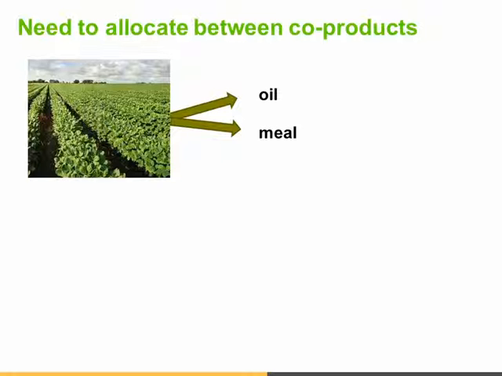So here, for example, with soybean, it may be grown primarily for oil. The meal is a co-product, and so we would typically look at the economic value of those two co-products to calculate the relative split between the emissions or resource use between these two sources.